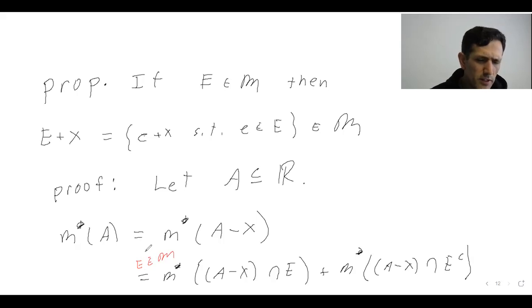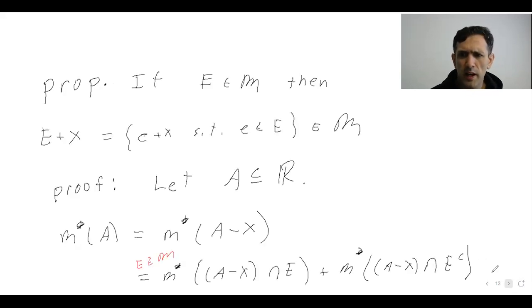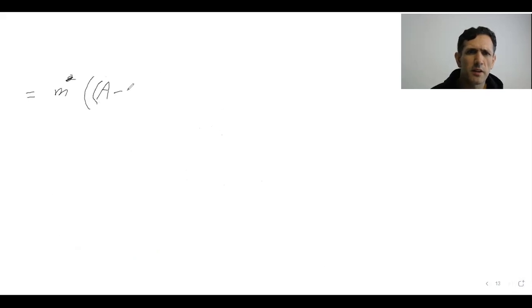Right, so I want to use translation invariance of outer measure one more time. I can add x to both of these sets. So this is going to be the outer measure of A minus x intersect E, the whole thing plus x.